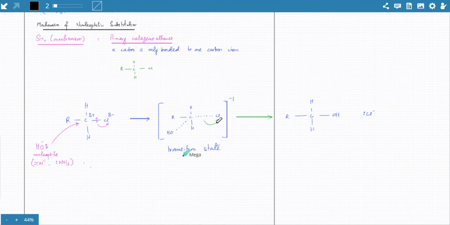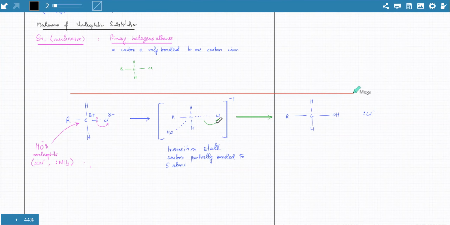And one other thing that you have to remember is that this entire thing is a one-step reaction. Although you see 2 steps, this is basically just one step happening. The OH is coming towards this positive carbon and the Cl is breaking off. That's pretty much it. That's the whole reaction.